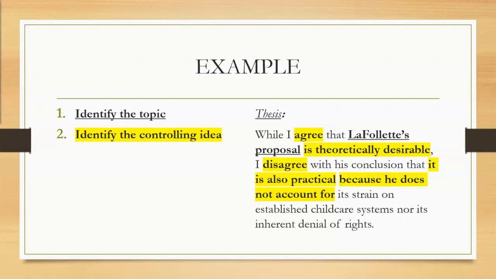And then notice that we are starting to provide some context for why we are saying it's not practical. So the very next step that we're going to do is take a look at whether or not we can identify the context that is provided in this thesis statement for the major supporting points.